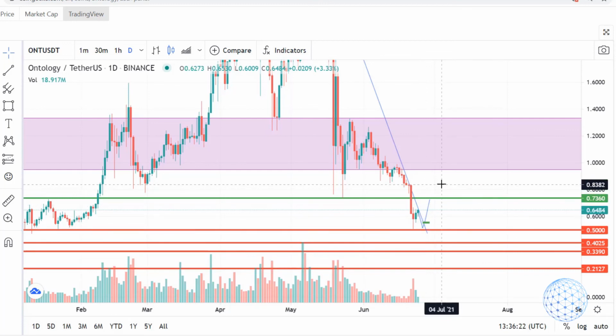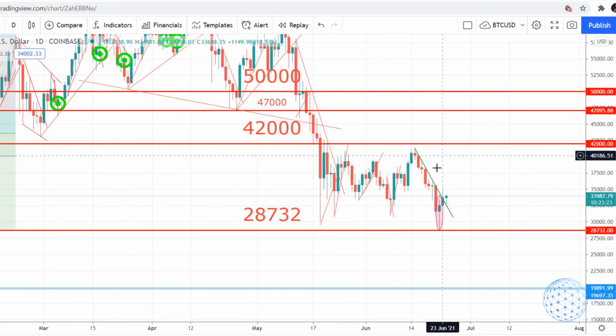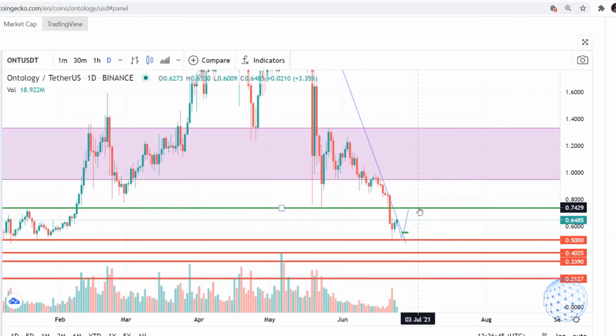Of course, it depends on what direction the Bitcoin will go. I personally think that it might stay in this range between the 30,000 and the 42,000 or even the 50,000 for quite a long time. And this is why I'm more looking into taking some quick profits with the coins rather than hoping for new record highs in a bearish market, okay?